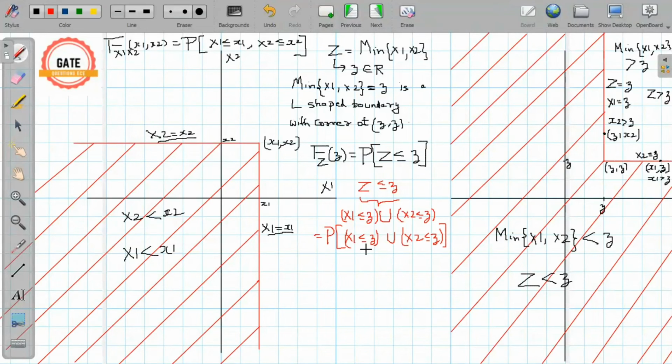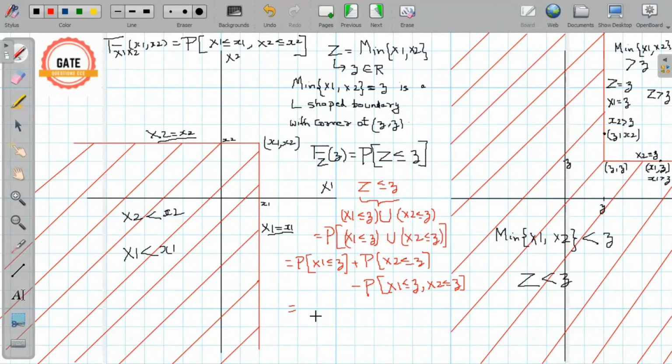So now we will apply probability of A union B. That is equal to probability of A, which is x1 is less than or equal to small z, plus probability of B, which is probability x2 is less than or equal to small z, minus probability of A intersection B. A intersection B means the joint probability that x1 is less than or equal to z and x2 is less than or equal to z.